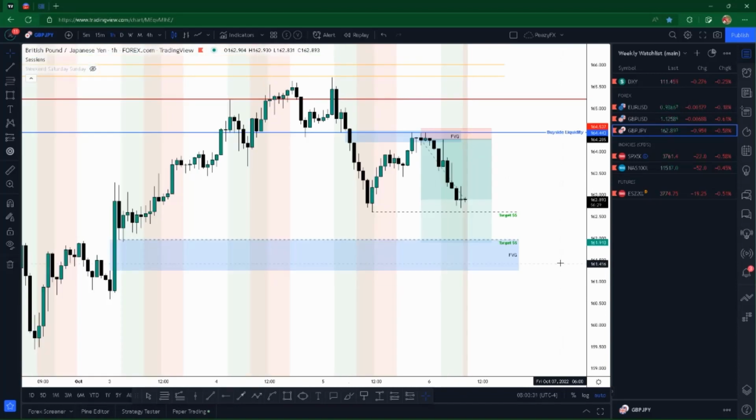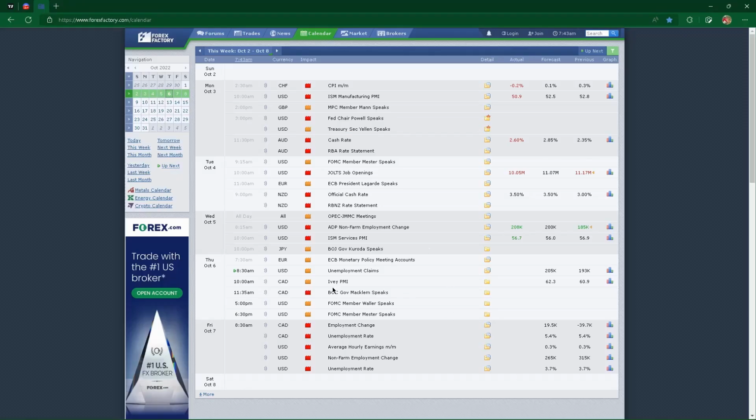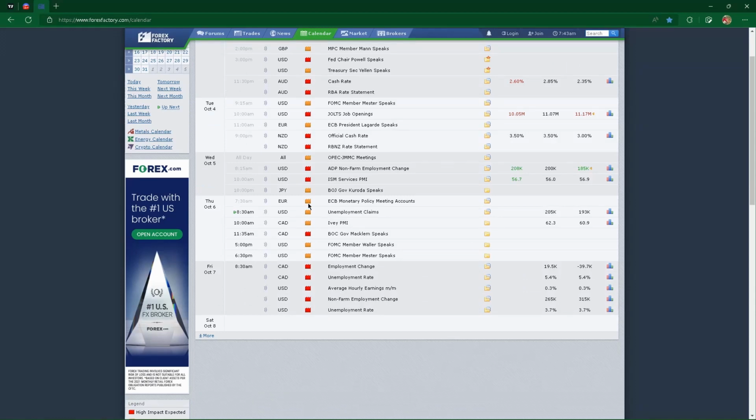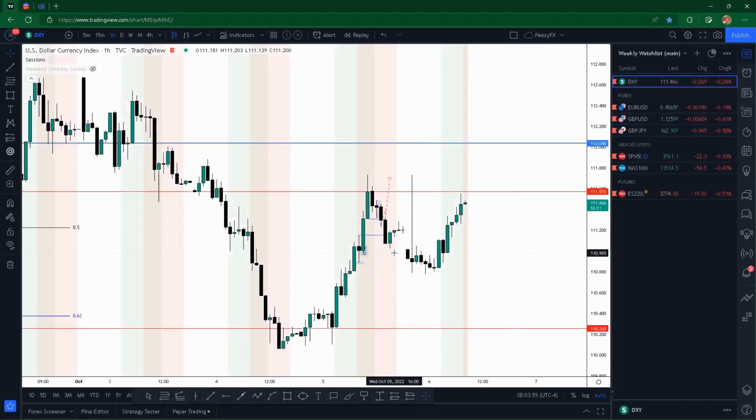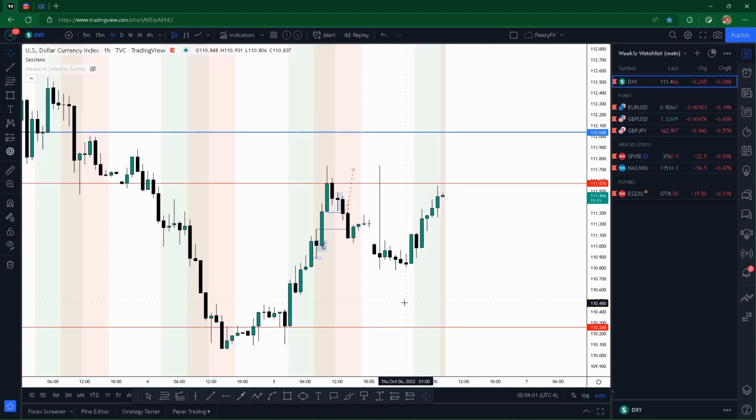The reason I'm being skeptical about holding this trade longer is because NFP is tomorrow. Today we don't have any red folder news for USD, but there are 3 orange folder news, medium impact. And then of course we got non-farm payroll tomorrow, which could bring a lot of volatility.